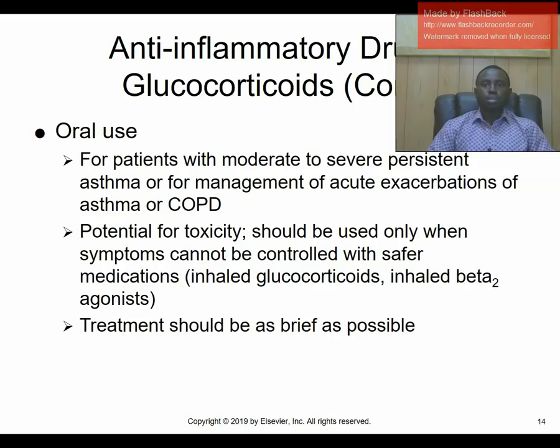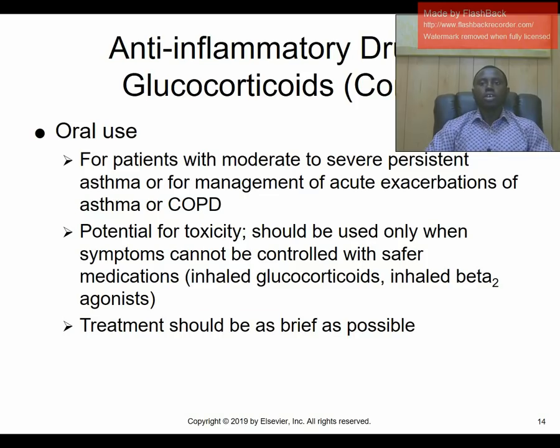This is because prolonged therapy with oral glucocorticoids can cause serious adverse effects, including adrenal suppression, osteoporosis, hyperglycemia, peptic ulcer disease, and even growth suppression in children.